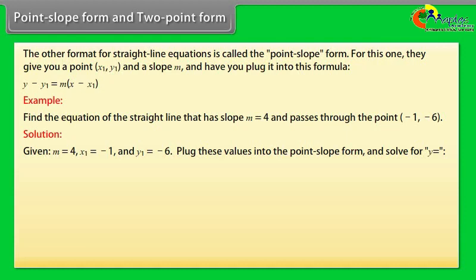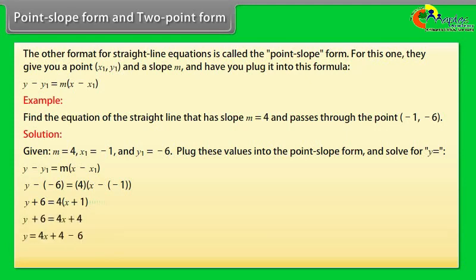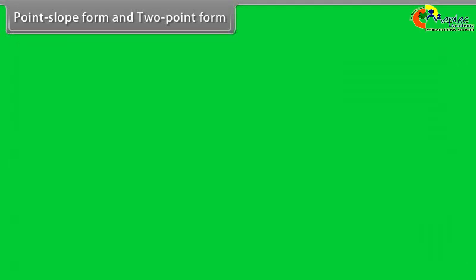Plug these values into the point-slope form, y minus y1 is equal to m into x minus x1. Substitute the values in the above equation and then on solving for y we get y is equal to 4x minus 2, which is the required equation.